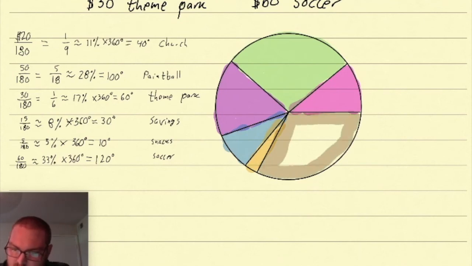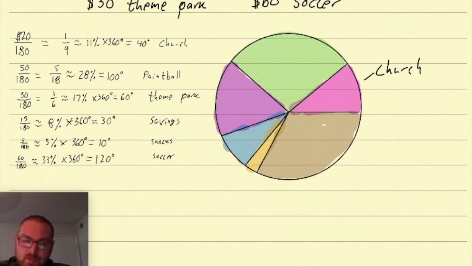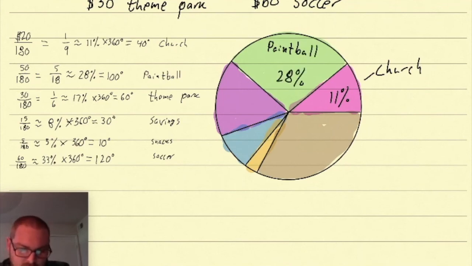All right, so I'm going to fill these in now with data. So this one was for the church, and it was 11%. This one up here, the green, was for paintball, and it made up 28%. Over here, this made up 17%, and this is the theme park.